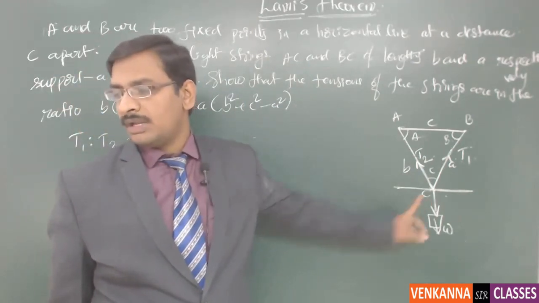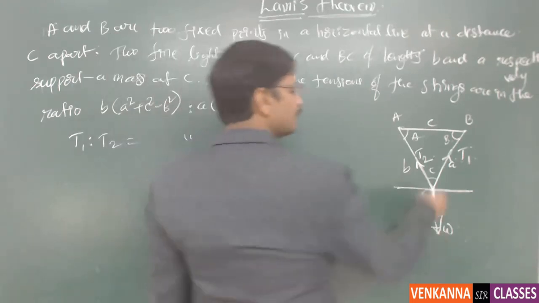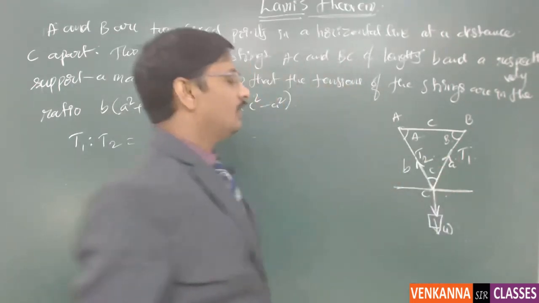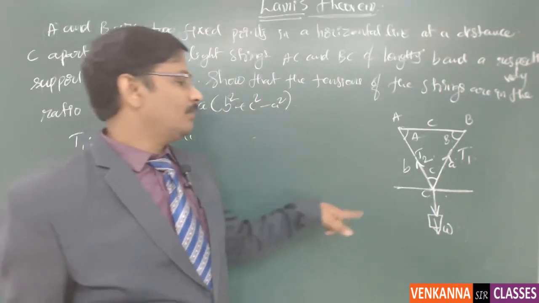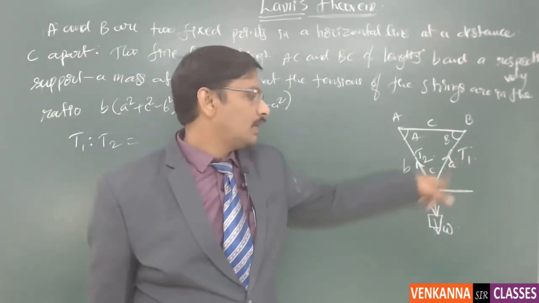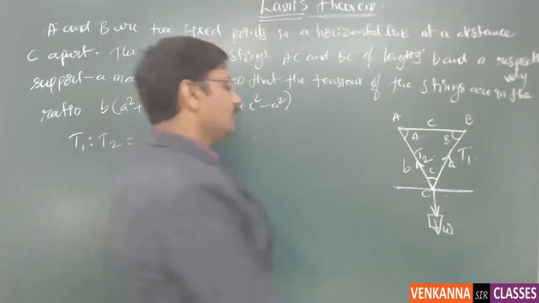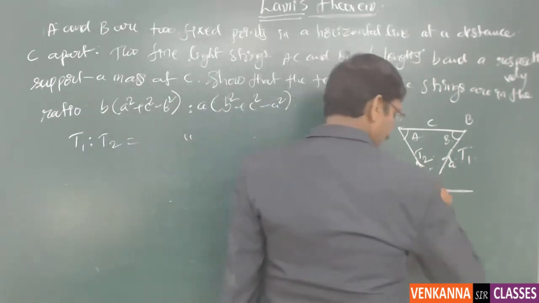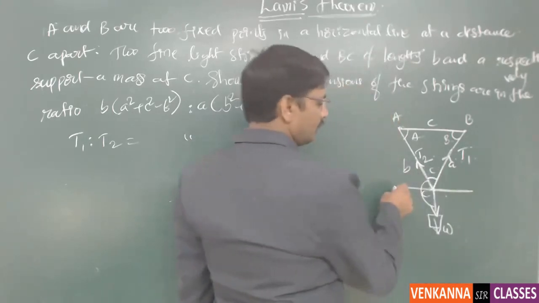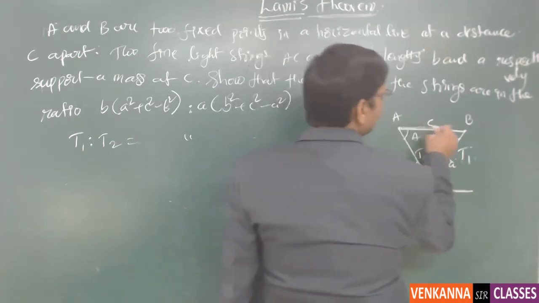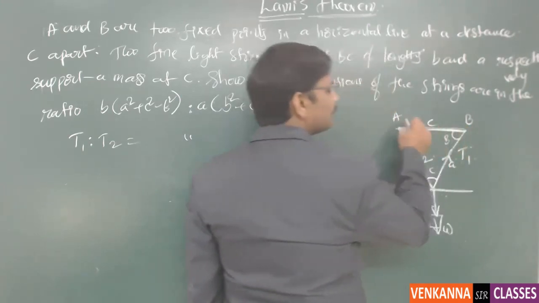Now this is the angle C. So the angle between T1 and T2 we have identified. Now we have to identify the angle between T2 and W, and T1 and W also, so that you can apply Lami's theorem. For that you need to identify this angle. I have drawn a horizontal line like this. Why? Because he said that this is a horizontal line.